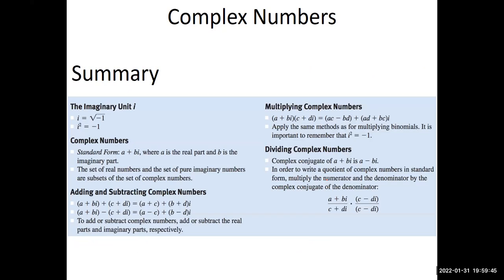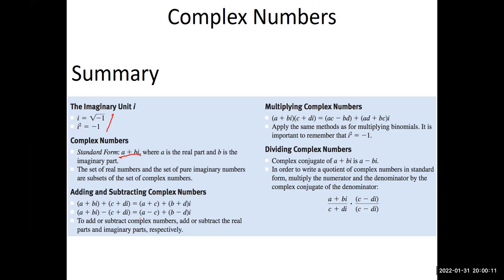So in summary, you have to remember these things, okay? That i is equal to the square root of -1 and i squared is equal to -1. The standard form for a complex number would be a + bi, where a is the real part and b is the imaginary part.